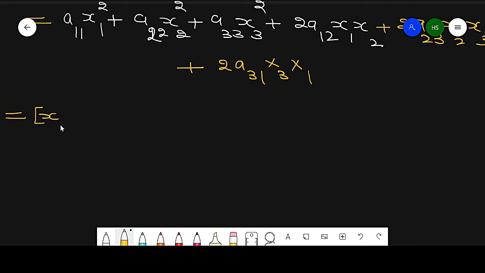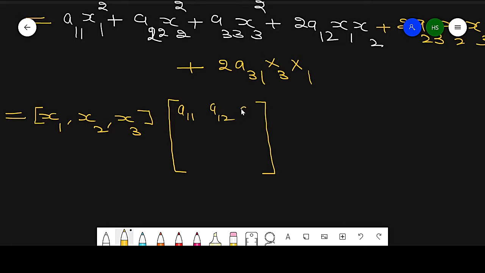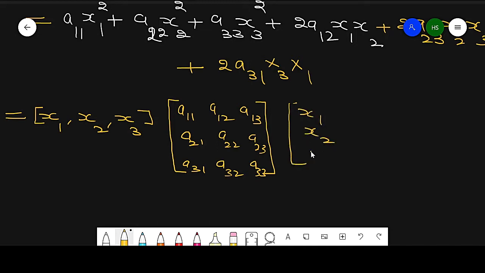So this can be written as x1, x2, x3, and here the symmetric matrix which is a11, a12, a13, a21, a22, a23, a31, a32, a33, and second is x1, x2 and x3.